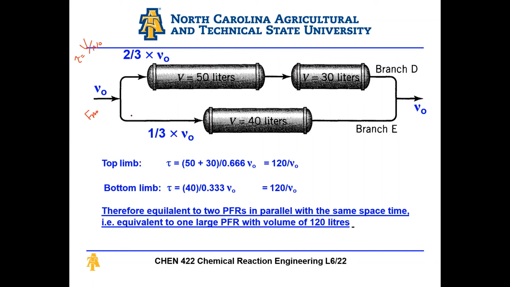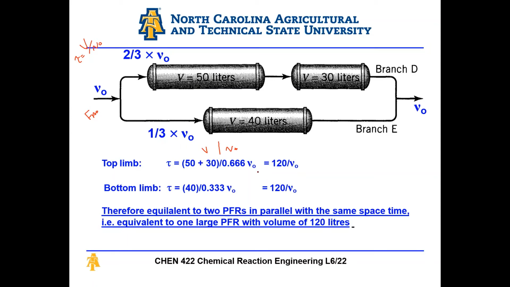So in this case, I tell you, if my overall volumetric flow rate is v naught and I divide it into 1/3 here and 2/3 at the top, when I calculate tau, again, tau is equal to V over v naught. So for the top limb, overall V is 50 plus 30 divided by 0.66 v naught, since on the top it's 2/3.